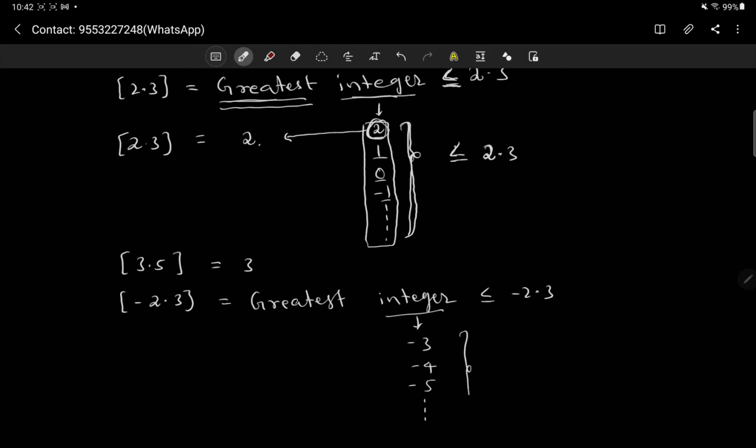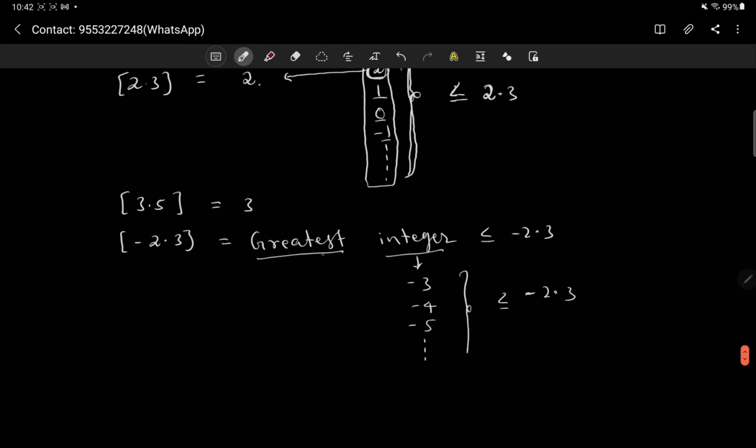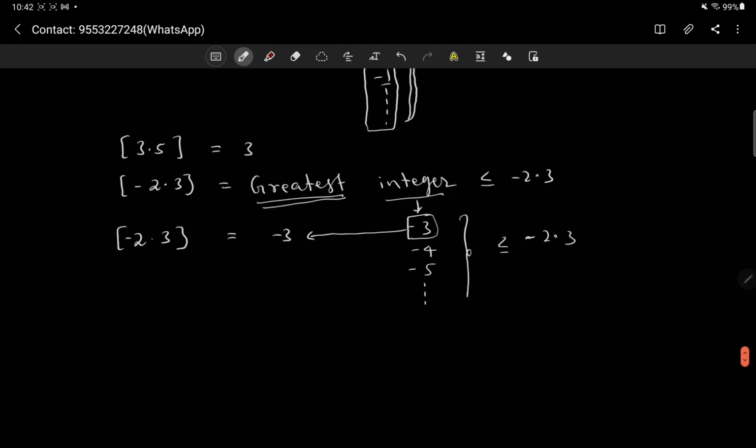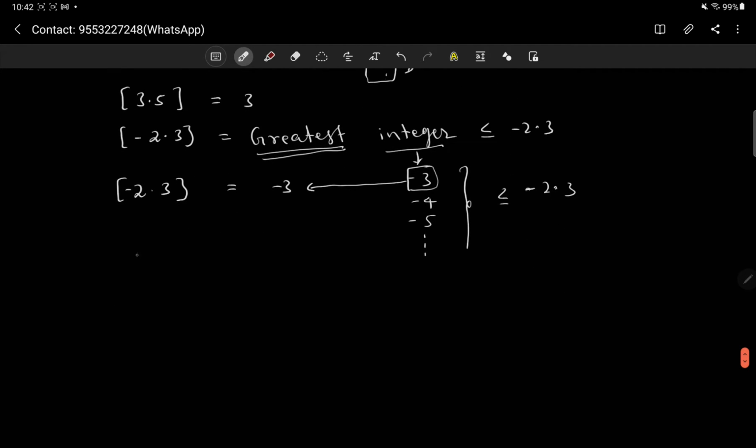But you want the greatest one. Of all those, the greatest one is minus 3. So minus 3 is the result, right? And on the left hand side we have step of minus 2.3, which is minus 3.